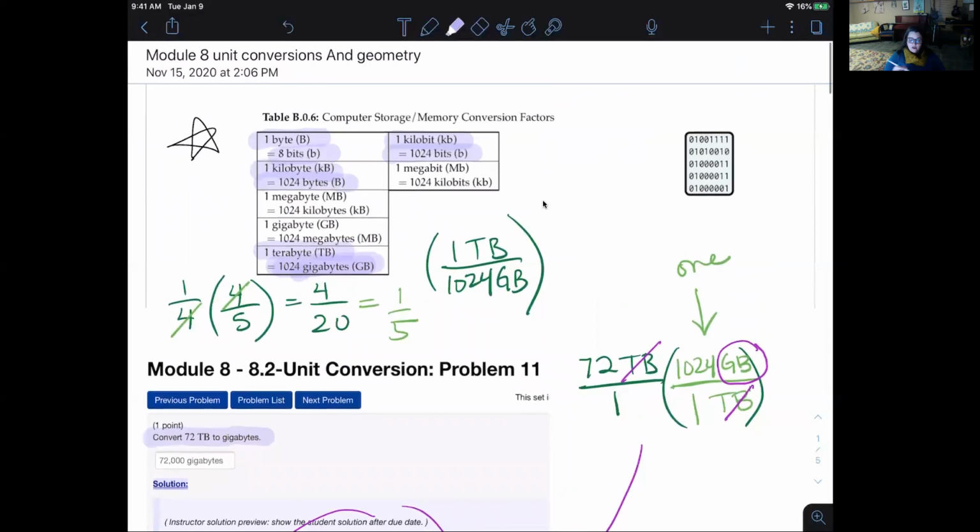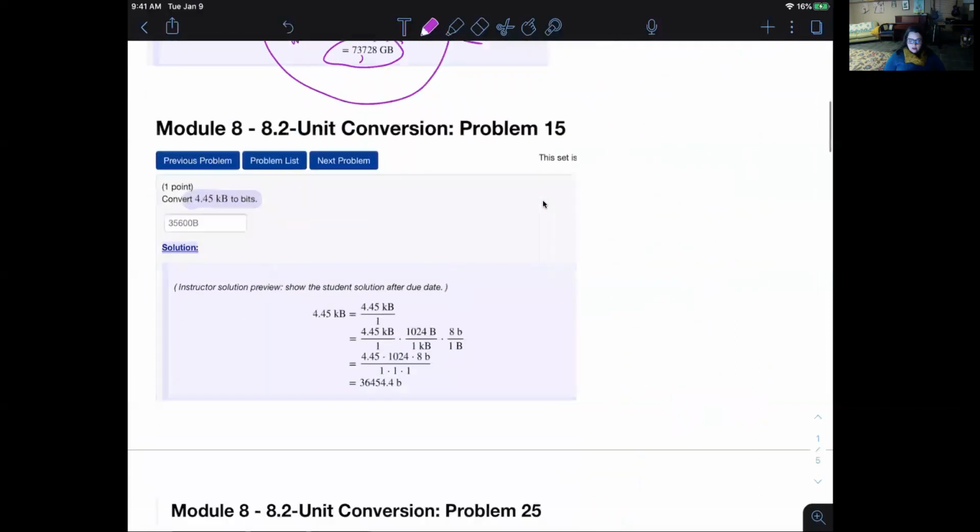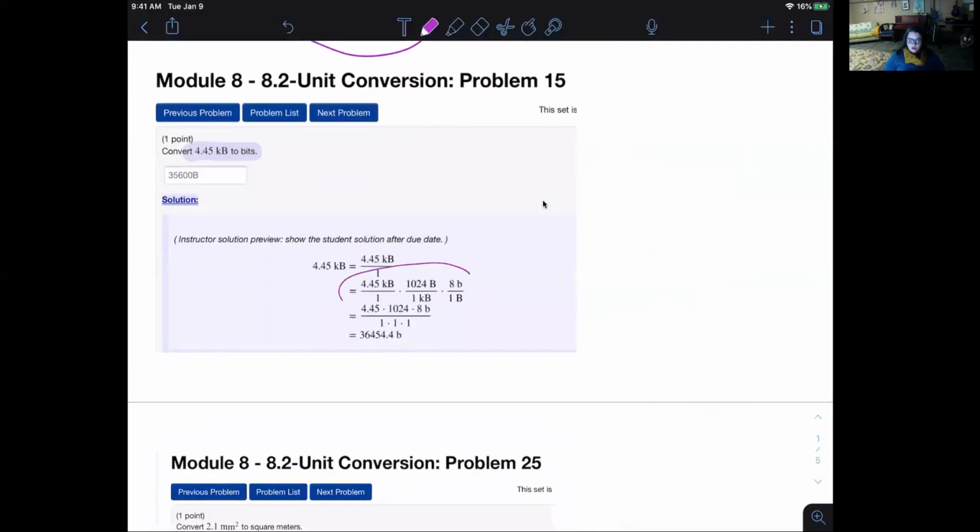We're going to have to do 2 conversions here, and we're going to need both of these. 1 kilobyte is equal to 1024 bytes, and then 1 byte is equal to 8 bits. That's why you see these twice.